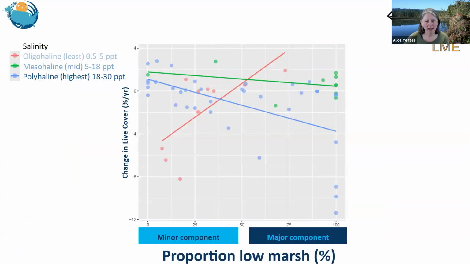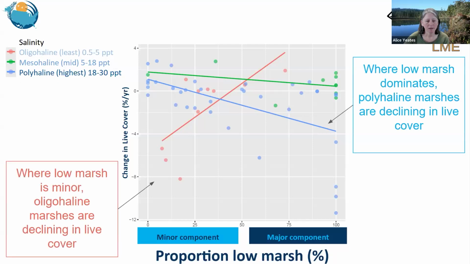So here's one example from that. We've got change in live cover on the y-axis here, and this is proportion low marsh. So next. You can see here, on the left-hand side, low marsh is a minor component, and then on the right-hand side, low marsh is a major component.